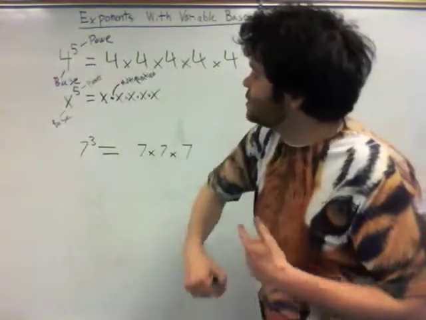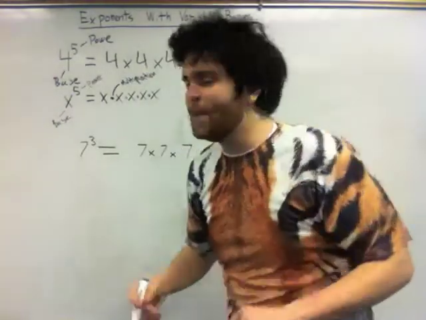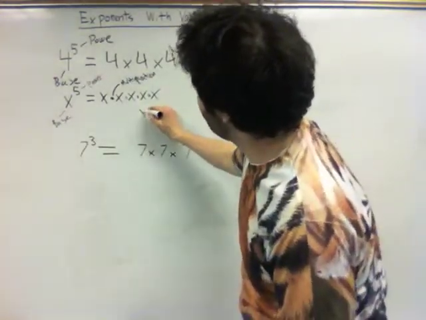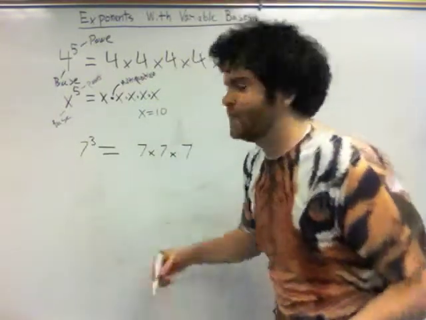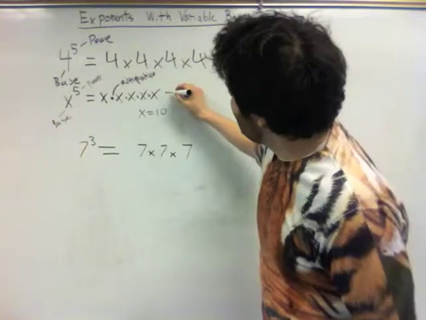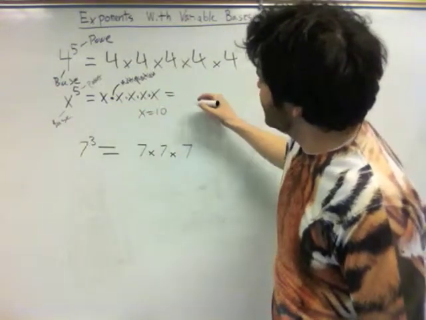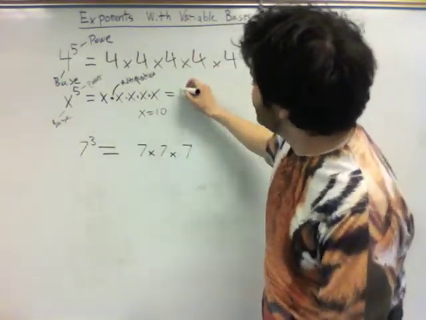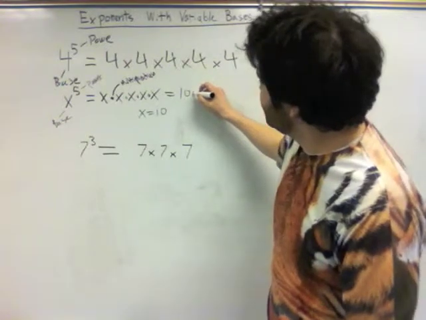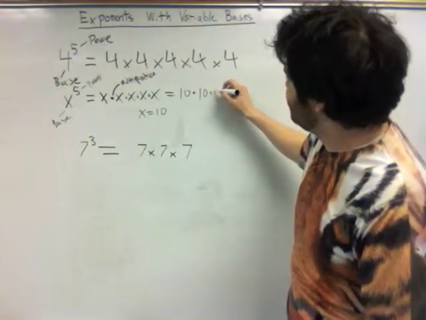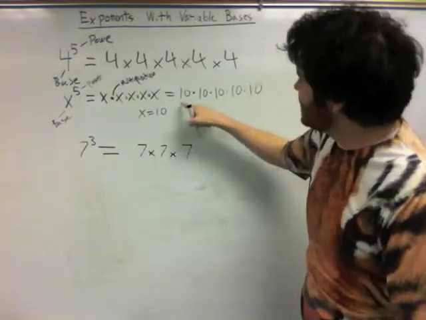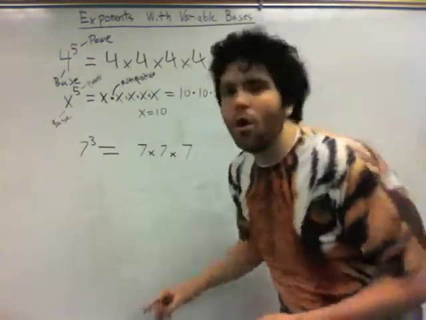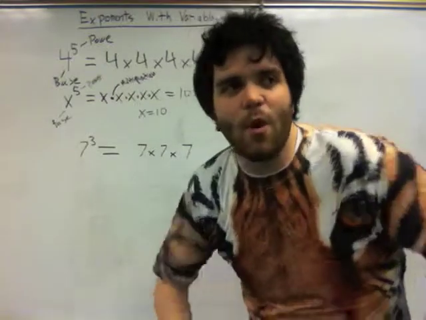So let's just play around with that. Let's say that 10 people showed up to your party. Well, you could say that x is equal to 10. That means it's not x times x times x times x times x. It's 10 times 10 times 10 times 10 times 10, and that's going to be equal to whatever that is. Well, what if somebody comes late, and we want to add a person?